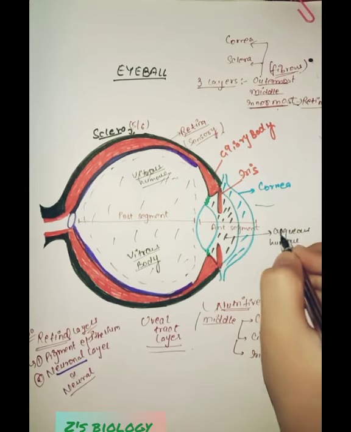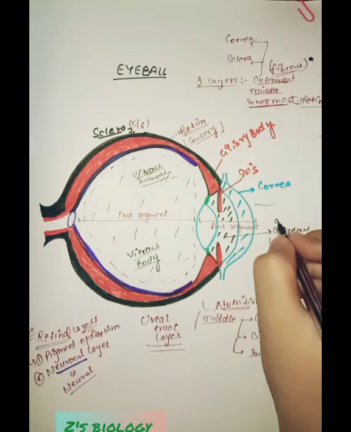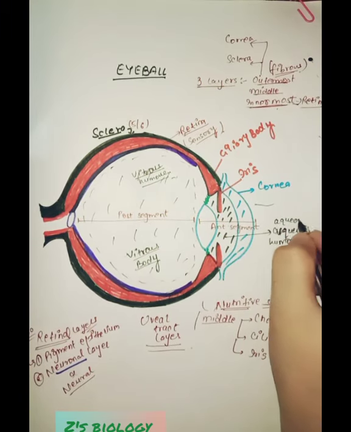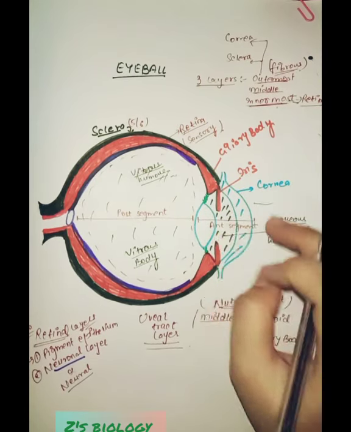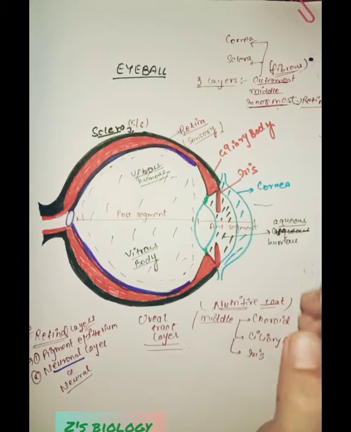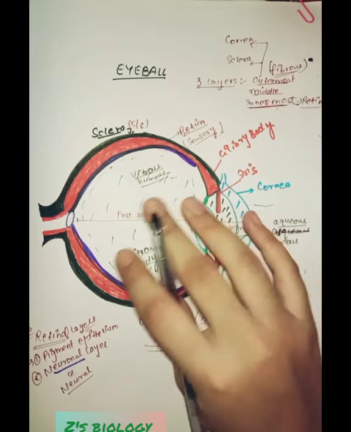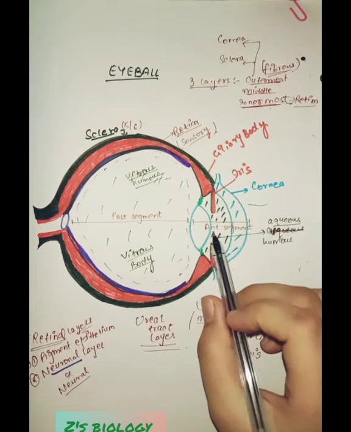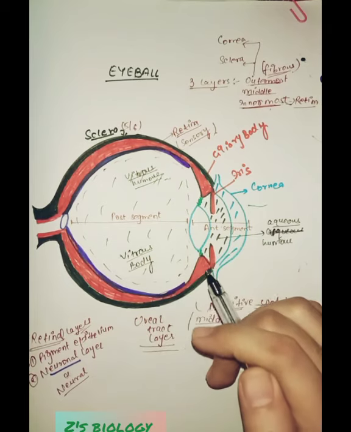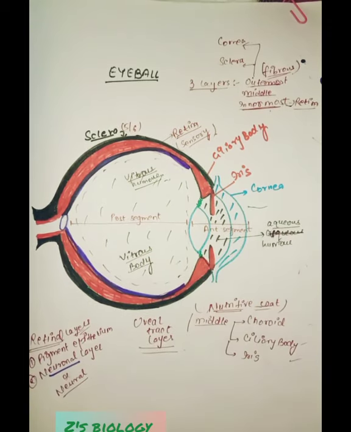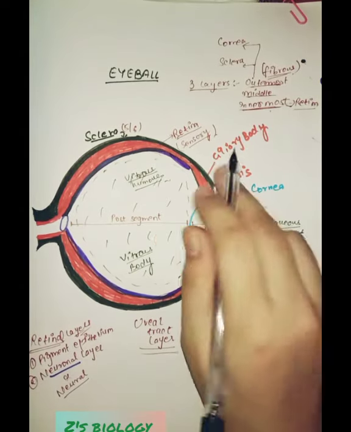Aqueous humor is filled in the anterior segment of the eyeball. As I have already told you, there are the anterior and posterior segments of the eyeball, and two chambers also in the eyeball. I have told you before in the lecture that we'll talk about the chambers of the eyeball later. So yeah, the aqueous humor is produced by the ciliary body.